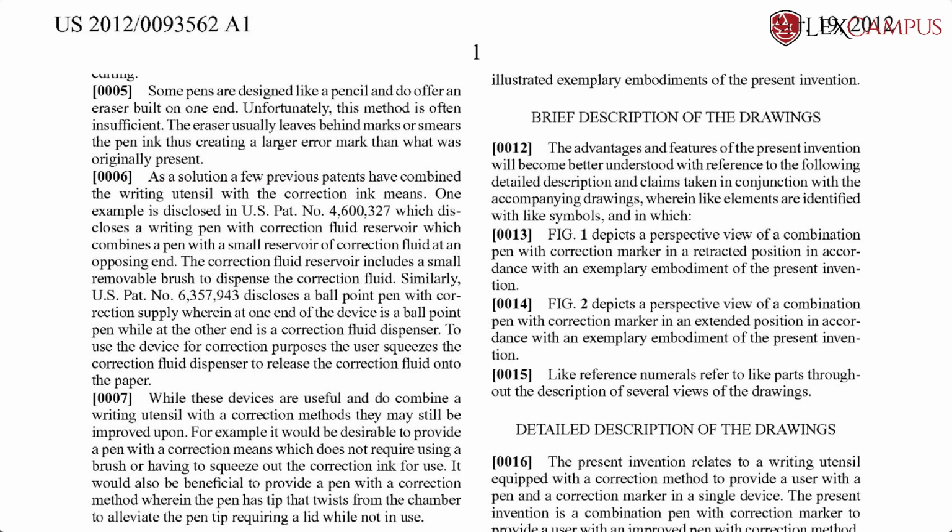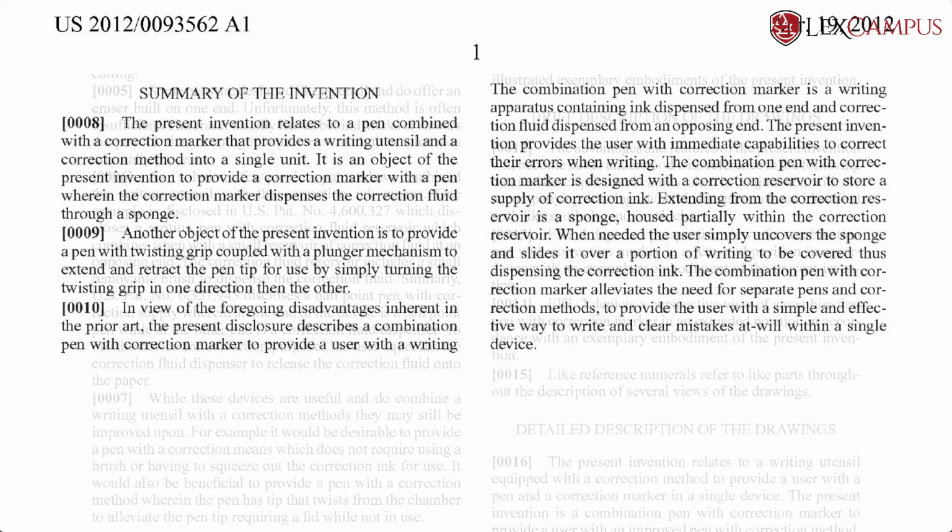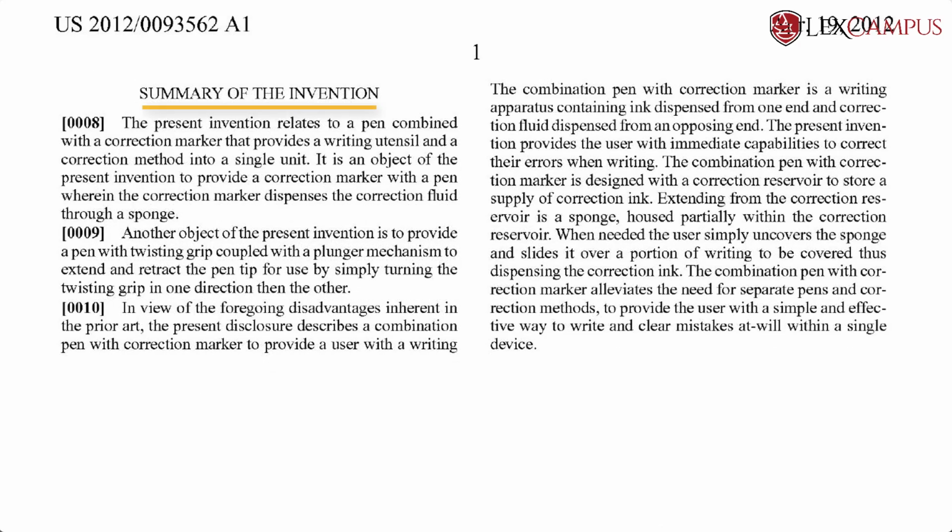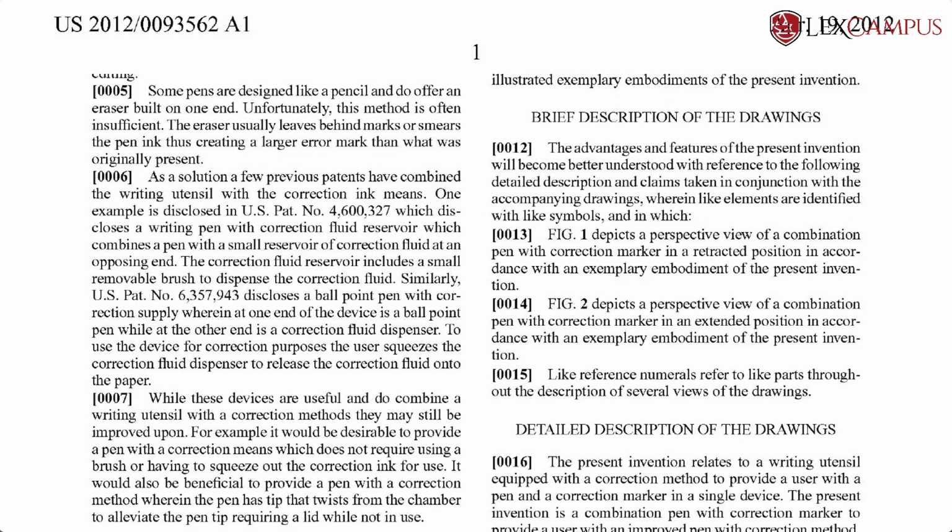So, you find some background given, then you have the summary of the invention. Till para 7, what was described was US patent number 635943. So, that is a description of an earlier existing invention, what we call a prior art. Prior art references can be, you find another reference to a patent number here, 4600327, again an existing invention which is related to this.